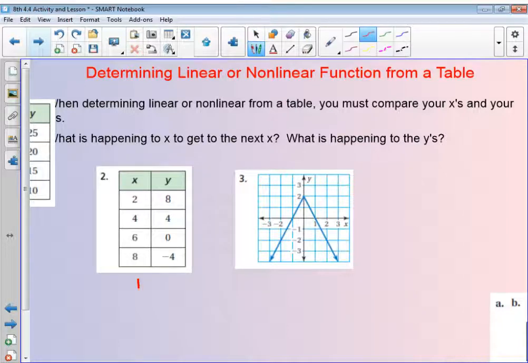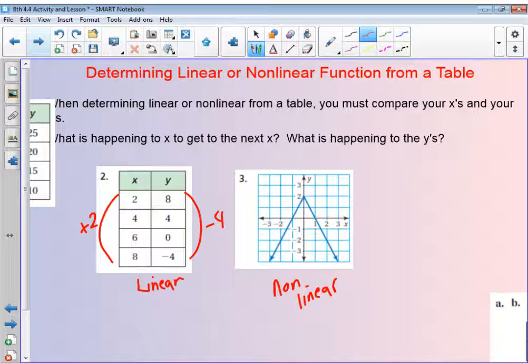Okay, this one was showing linear. Each of these was going down by 4 and each of my x's was increasing by 2. And number 3, well, this was nonlinear. Okay, this was actually showing us the picture. Yes, I could pull information off of there and do data points, but I don't have to.